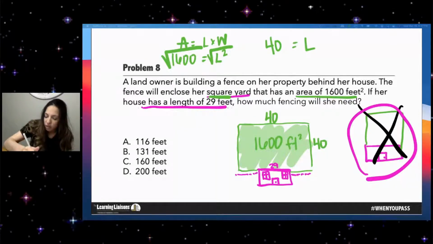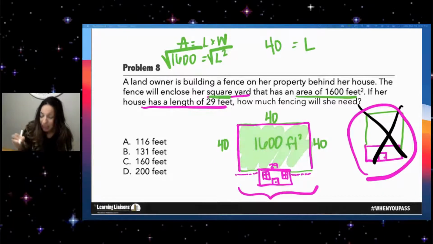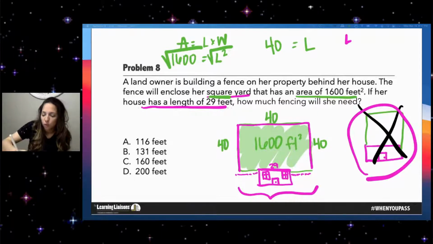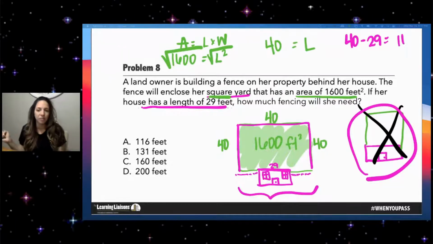So if I know that this side is 40, this side is 40, I also know that this side is 40. And I know that this side needs to equal 40, but I already have 29 feet that I'm not using. So if I do 40 minus 29, I get 11. What does that 11 mean?